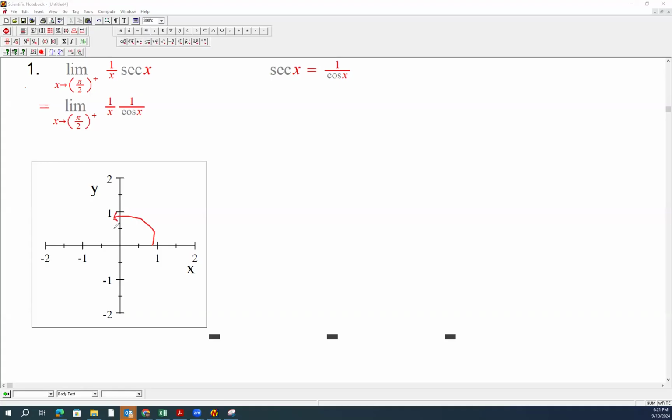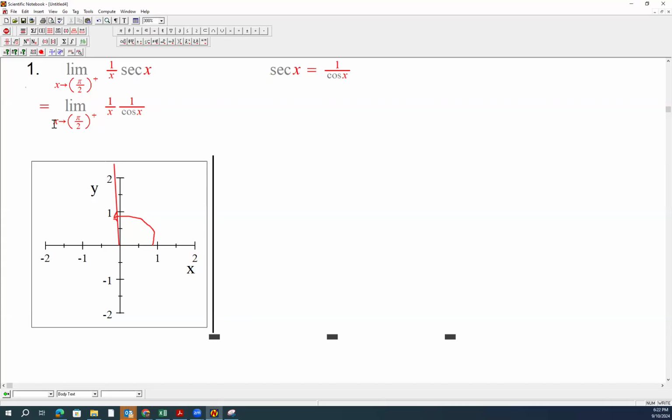So this is going to be the terminal side, and this angle is approaching pi over 2 from larger than pi over 2. That's the process we're thinking of. In the second quadrant, cosine is negative. So what do we know now?